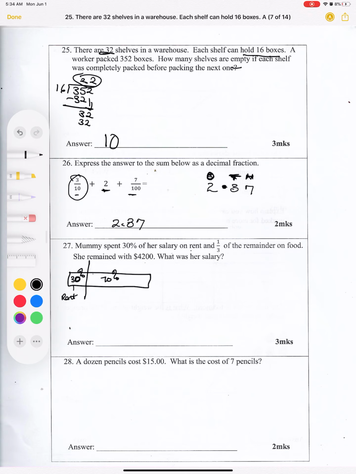And 1/3 of the remainder on food. This is the remainder. So that is 1/3 of 70 on food. This is 1/3 here. That's what she spent on food.